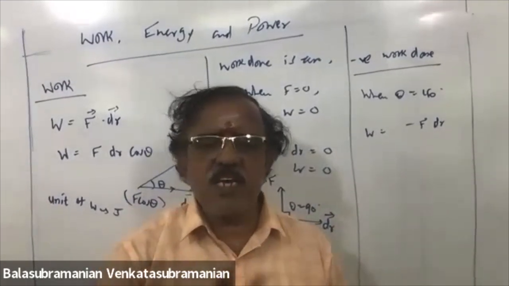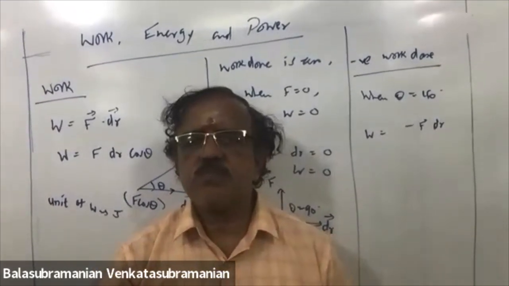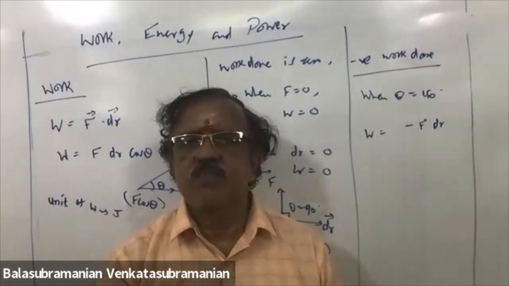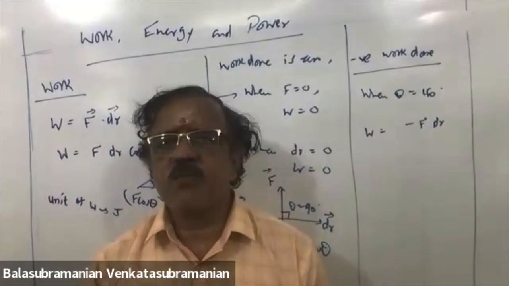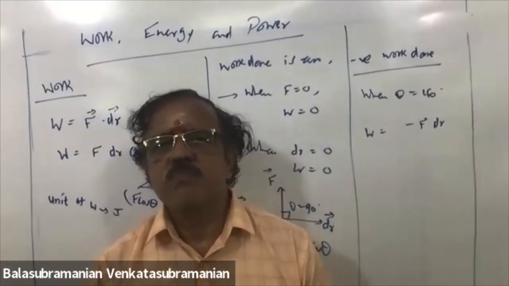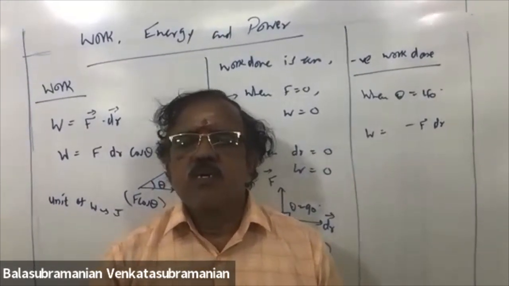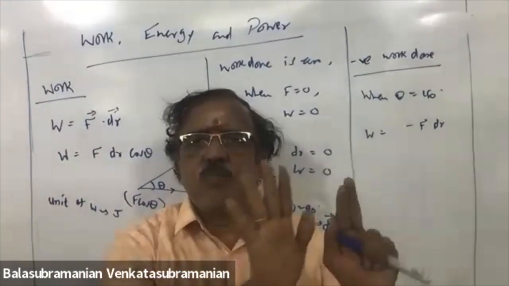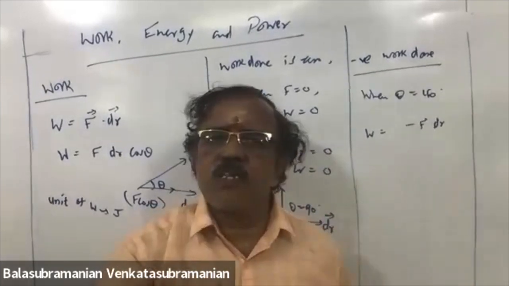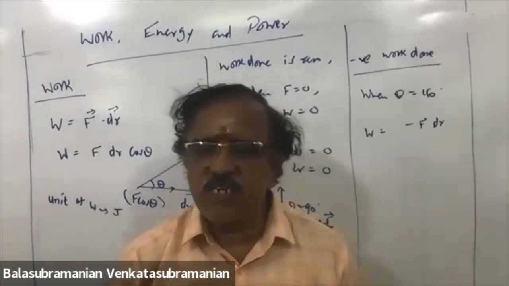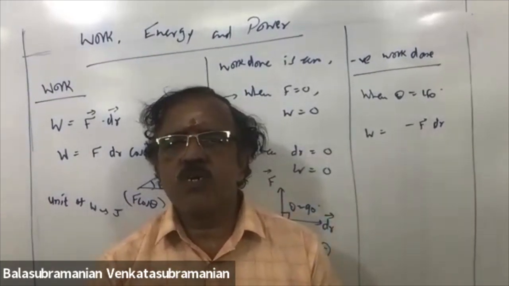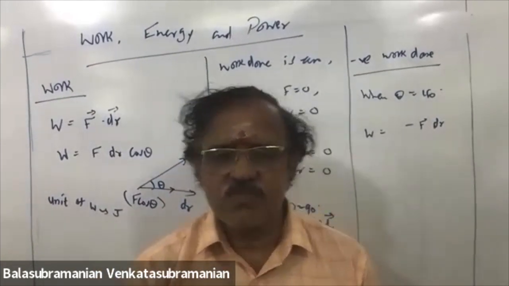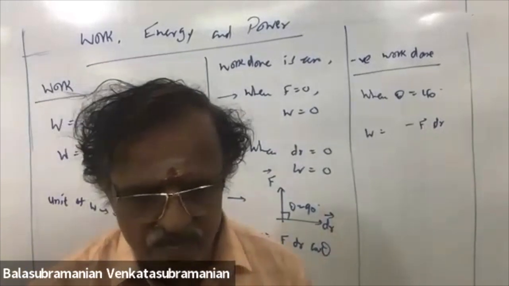Suppose a person is kicking a football and the goalkeeper stops it. That is theta equal to 180. At the time of kicking, theta is 0. But the moment the goalkeeper stops it and the ball returns, that itself is theta equal to 180, negative work done in this case. Okay, simple.